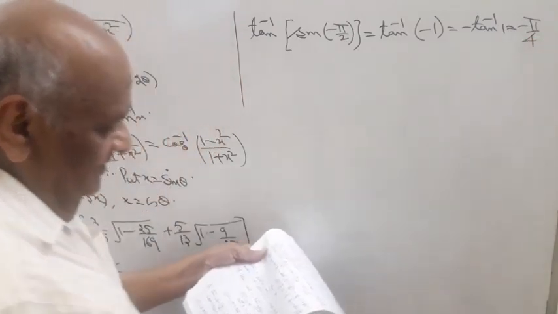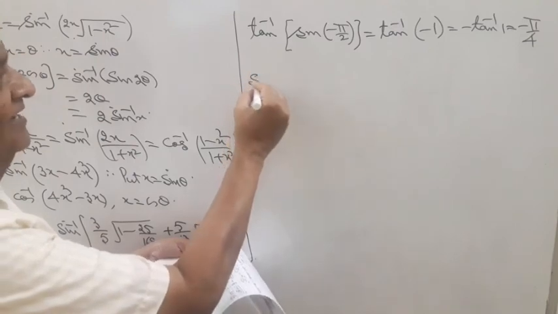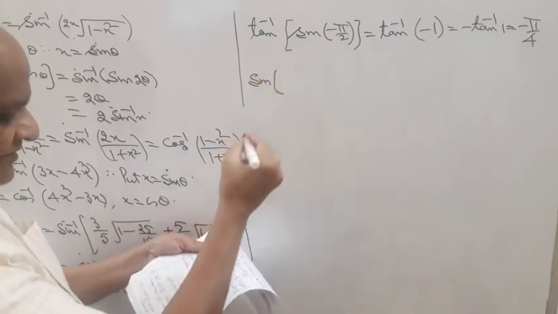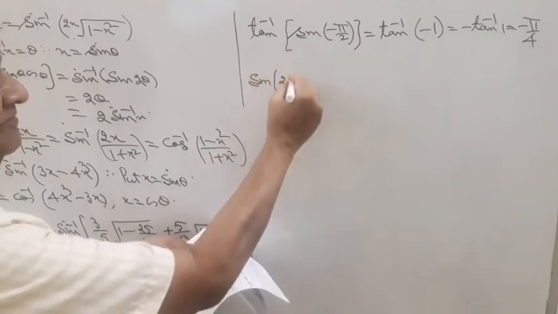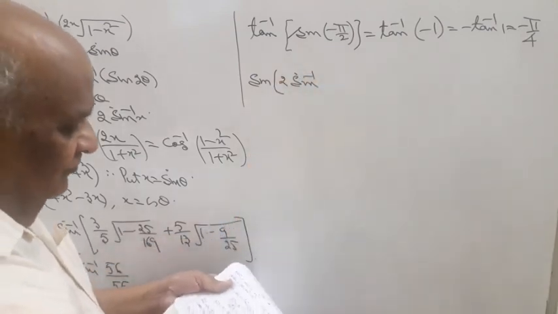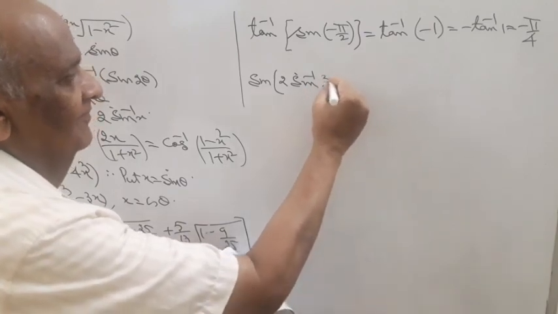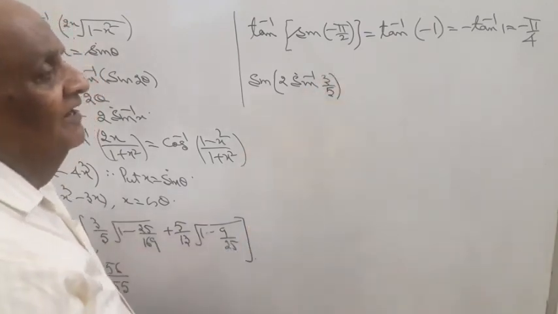Check out. Similarly, we have sine of 2 sine inverse 3 by 5. He says evaluate.